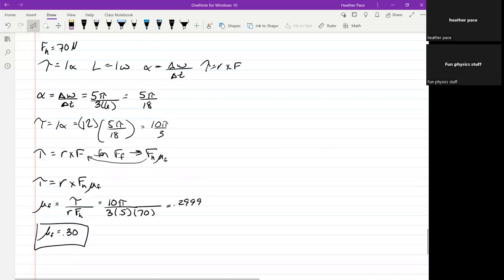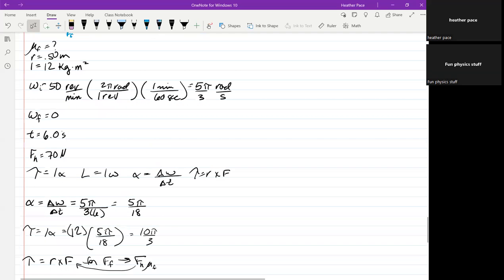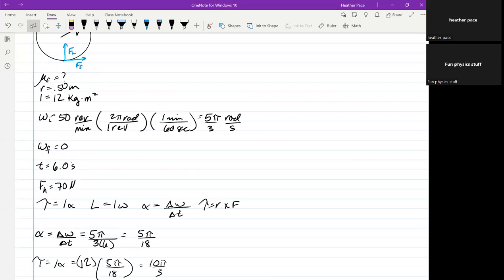Again, I say this a lot over and over again. When we solve these problems, we write down what we know so that we can go, okay, we know this. What equations do we know with these things? We have omega, we have moment of inertia, we have radius.